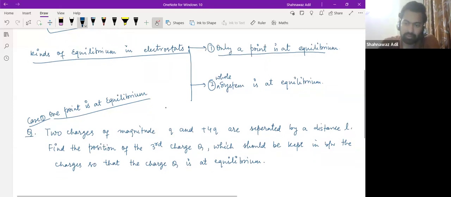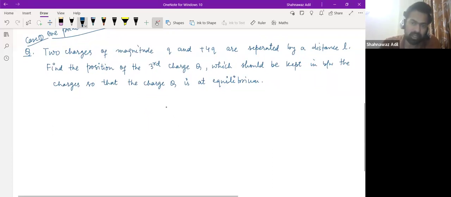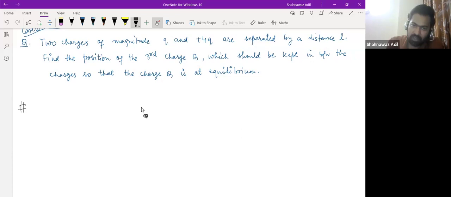Now let's understand this diagrammatically, right? So let's make a diagram, and then this would be clear. So we have this charge plus Q, and then we have another charge plus 4Q, and the separation between them is L, right?